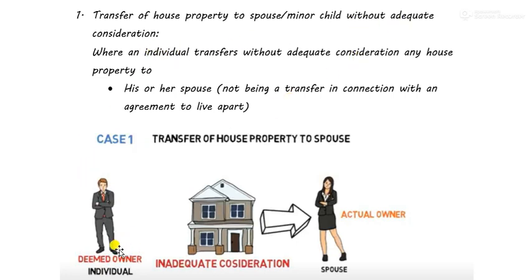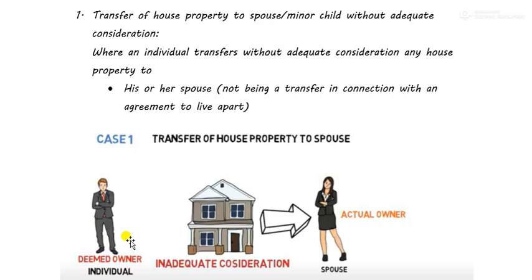Now, if Mr. A would transfer this house property to his brother or sister or friend, then it was not a problem. But the law states that if he transfers his house property to his spouse or to his minor child without adequate consideration, then Mr. A shall be considered as the deemed owner of the house property.